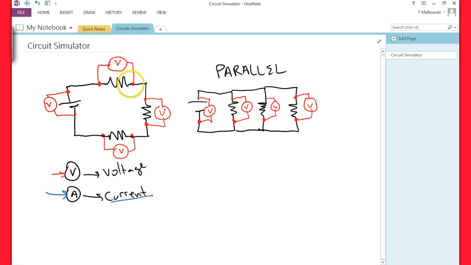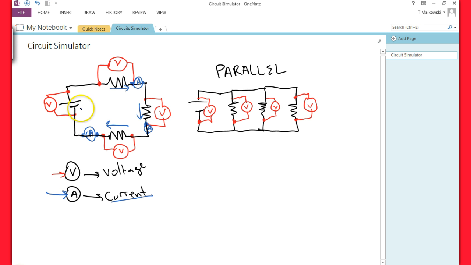So they'd have to take that circuit and break it apart and plug the ammeter right in there. They'd have to add it in line with the resistors to figure out how much current is actually passing through each of the resistors. So we want to go through the resistor, so that means the ammeter is going to go after it.